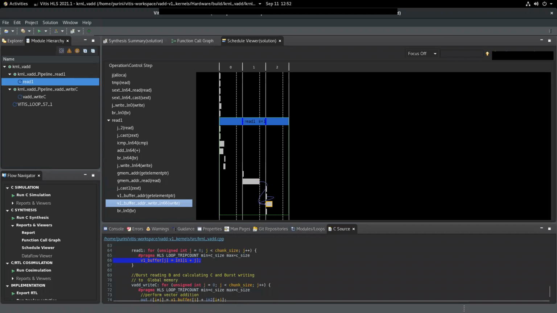So in1 is read in clock cycle 1, and it is written to v1_buffer in clock cycle 2. How this loop is split into different instructions, and how these different instructions are scheduled in different clock cycles, you can see by looking at the schedule viewer. Okay.